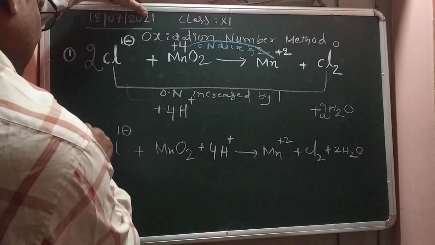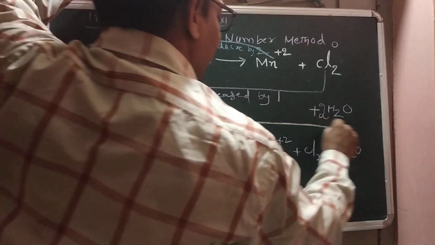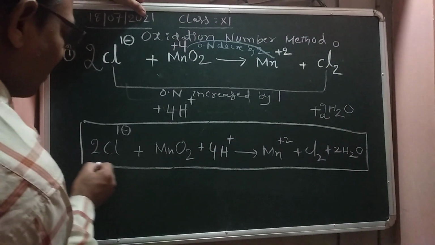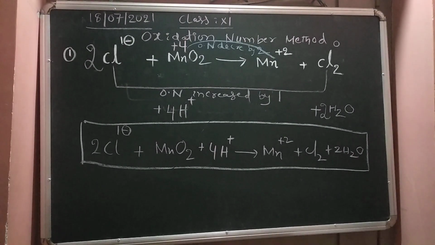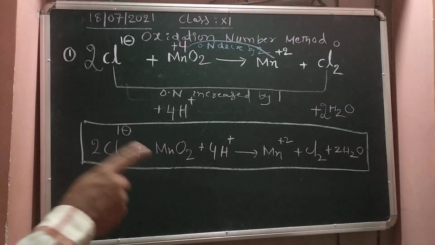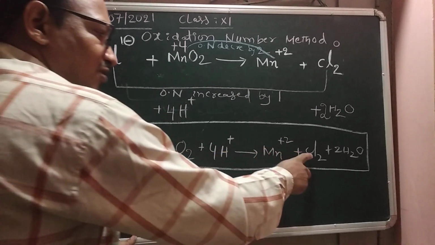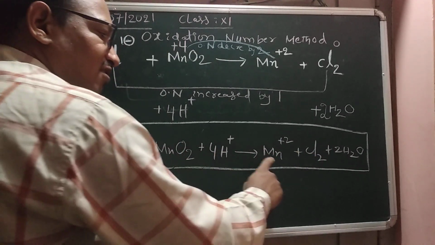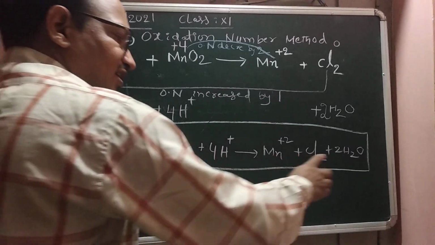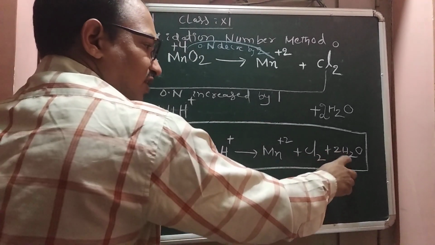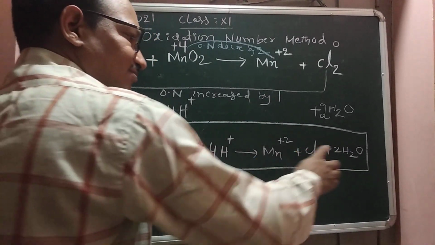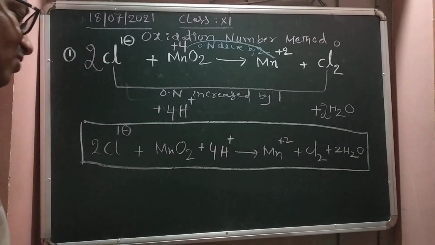I balanced it, right? Whenever you are balancing, after balancing you need to check once again whether it is balanced or not. 2 Cl, 1 Mn, 4 hydrogen, 2 oxygen atoms.